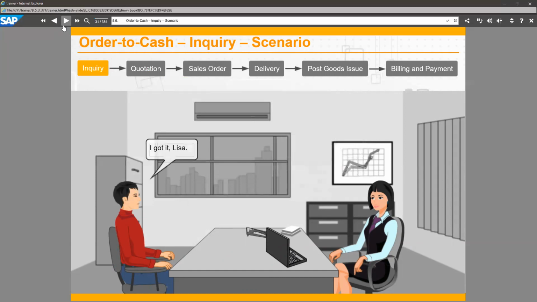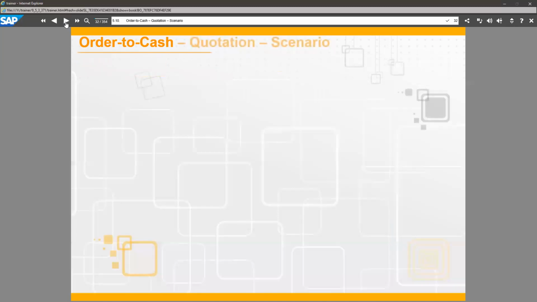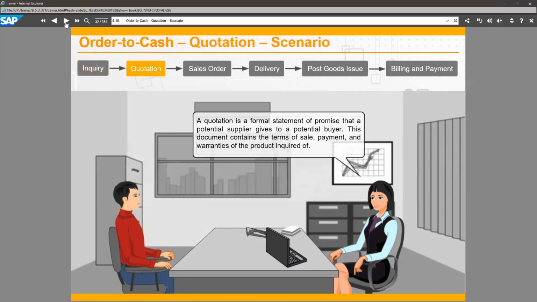I got it, Lisa. Let's now look at quotation. Click on quotation. A quotation is a formal statement of promise that a potential supplier gives to a potential buyer. This document contains the terms of sale, payment, and warranties of the product inquired of.